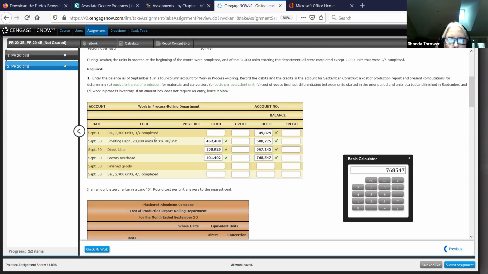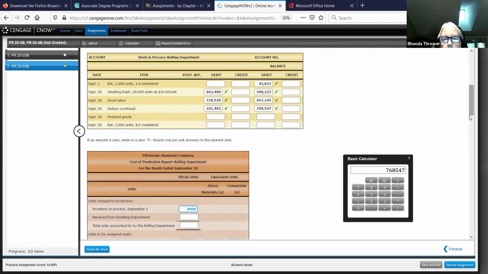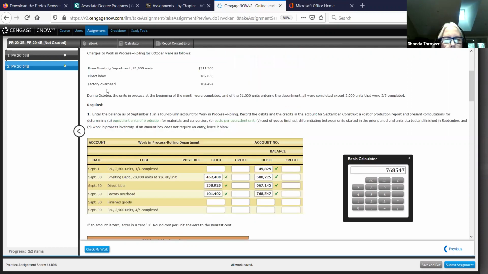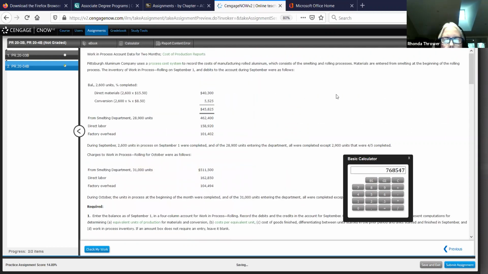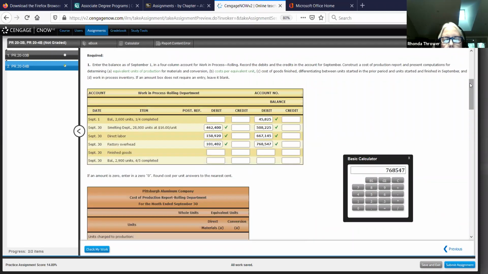You can get it right here where they had it in the work in process account. So we know that there's 2,600 total units in beginning inventory. Or you could also have gotten it from the information that they gave us right here. So 2,600 is your beginning inventory units.